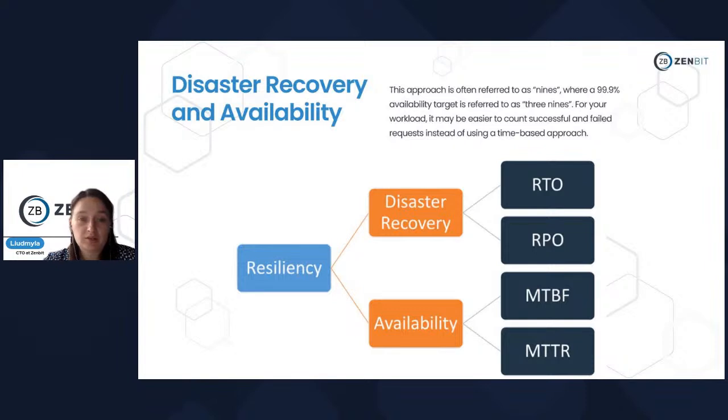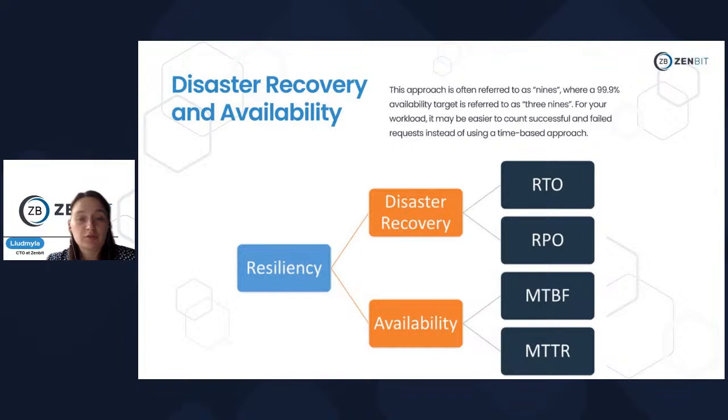And here you can see an example of a general schema to represent it. This approach is often referred to as nines, where a 99.9% availability target is referred to as 3 nines. For your workload, it may be easier to count successful and failed requests instead of using a time-based approach.